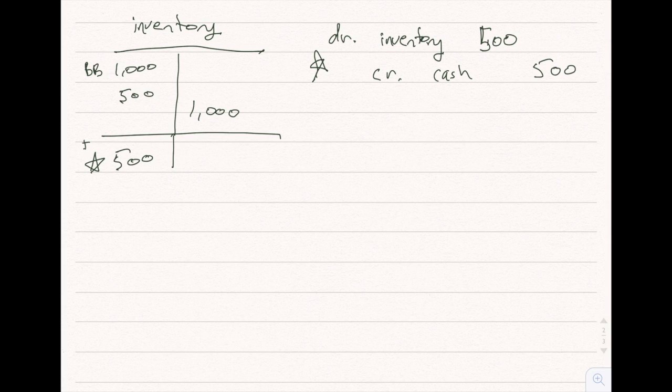So I'll just mark this EB for ending balance. So the journal entry can have a debit and a credit. So what's the easy part? Where should we start? Well, we know for a fact inventory went down, right? That's this right here. It went down because we sold it. So we no longer have that inventory.